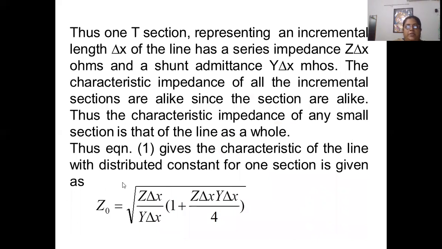Thus, one T section represents an incremental length del x of the line, which has a series impedance in ohms and a shunt impedance. The characteristic impedance of all the incremental sections is alike, and since the sections are alike, the characteristic impedance of any small section is that of the line as a whole. So we can say that equation 1 will give the characteristics of the line with distributed constants for one section, and it is given by the following equation.